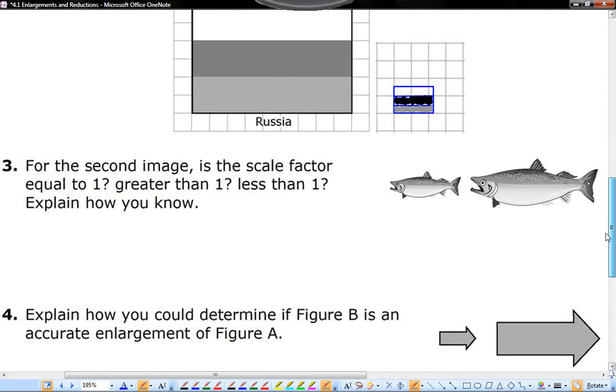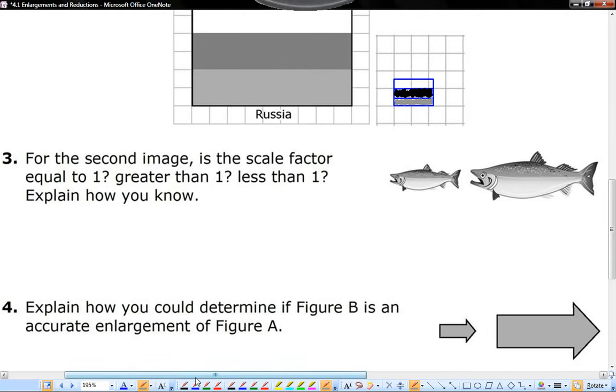Now the next question, it says for the second image, so I'm assuming that we're calling this the first and this the second, the one on the right. Is the scale factor equal to 1, greater than 1, or less than 1, and explain how you know. So here, if this is our original, then the second I would call an enlargement.